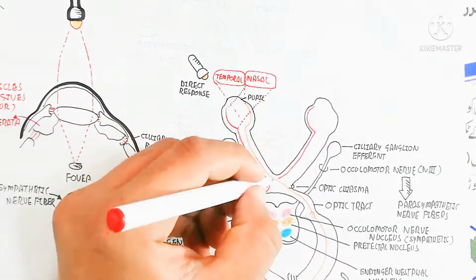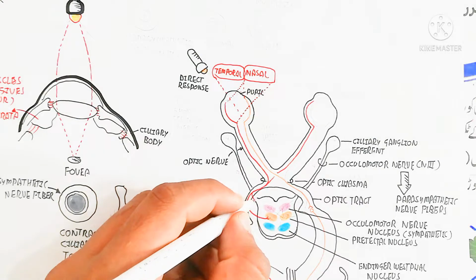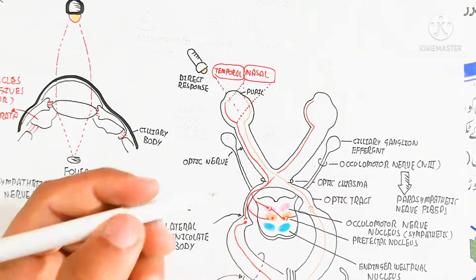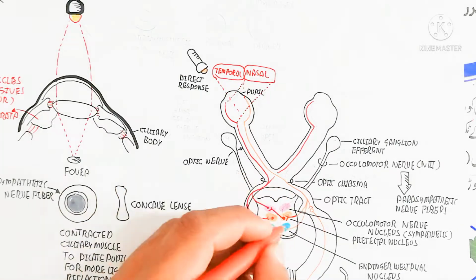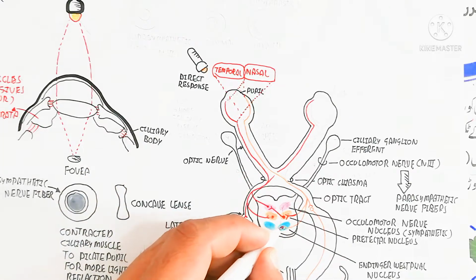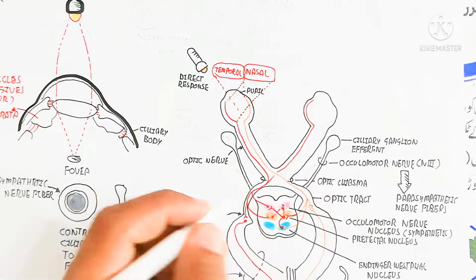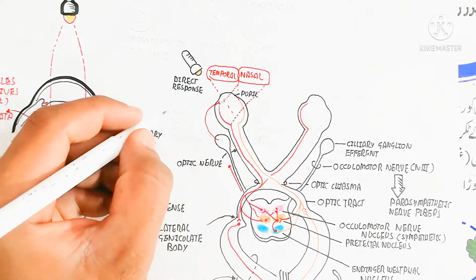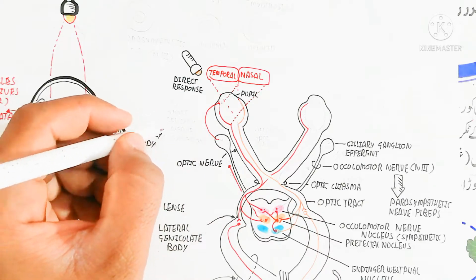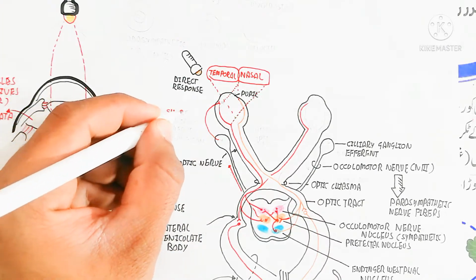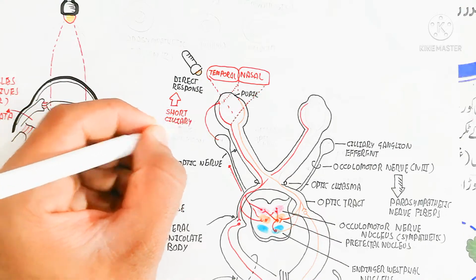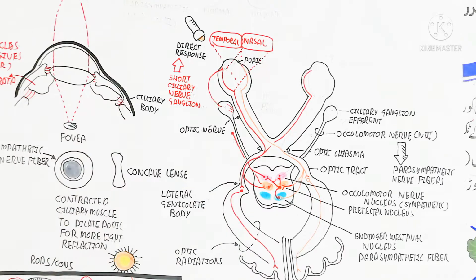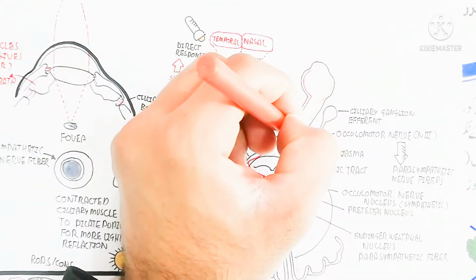In this way the same mechanism occurs here, and it interconnects with the orange color, which is the pretectal nucleus. So both are interconnected with the pretectal nucleus. From the left eye, the optic chiasma permits the interconnection, and in this way the pretectal nucleus is attached and gives the signal from the afferent to the efferent, and that is why the consensual pathway occurs, constricting both eyes from one reflex.